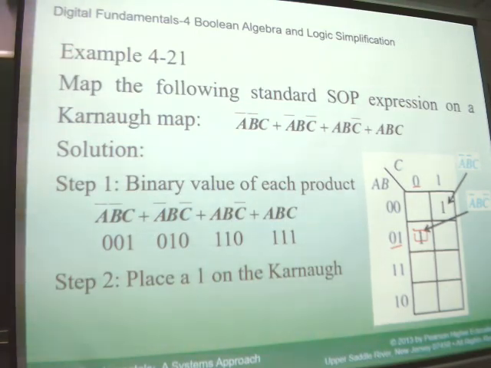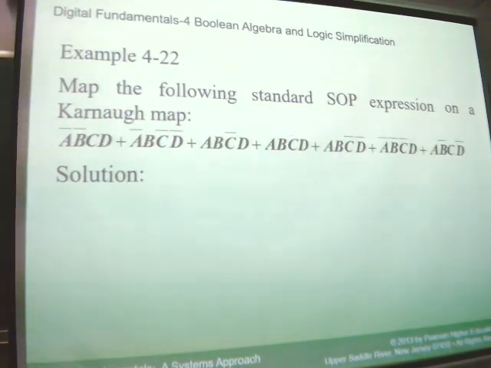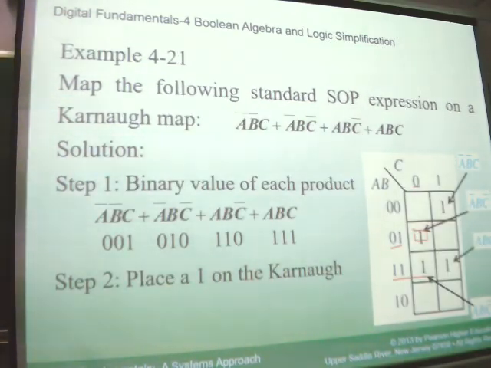And 110 is third row, first column. And 111 is the third row, second column. Yes, so those are 1, and the other cells are 0. That is mapping the Karnaugh map.